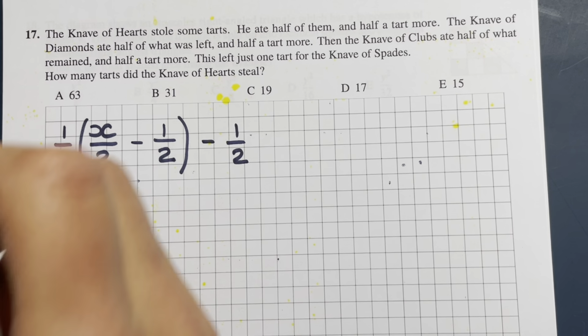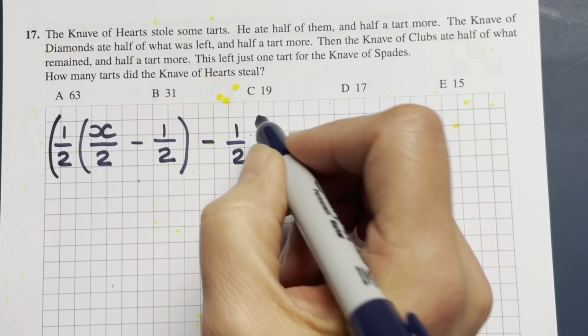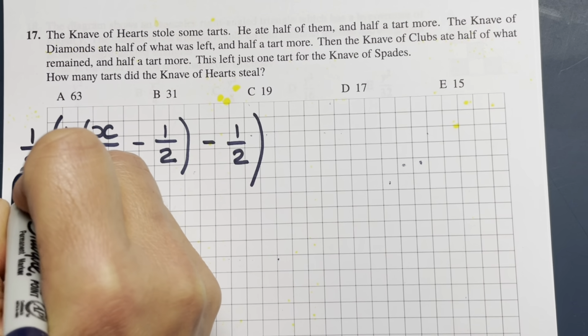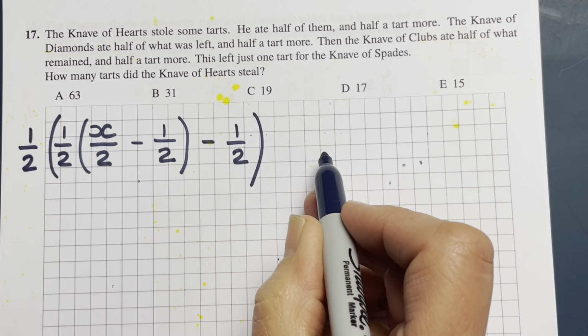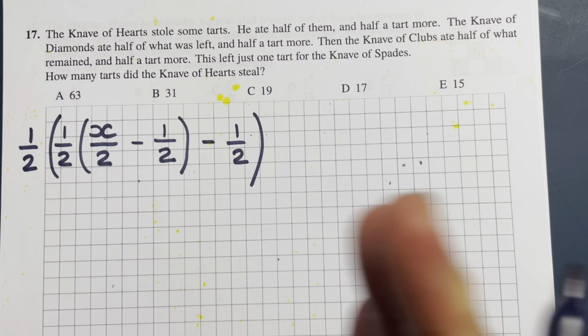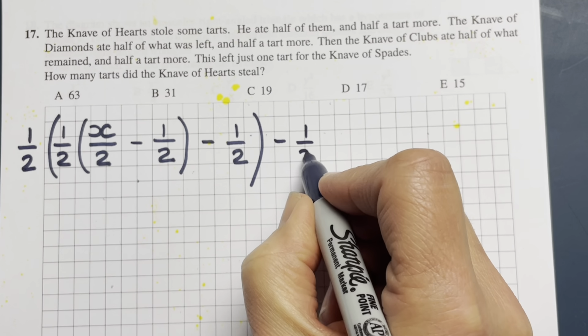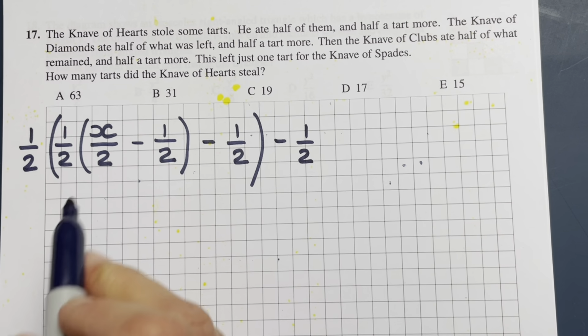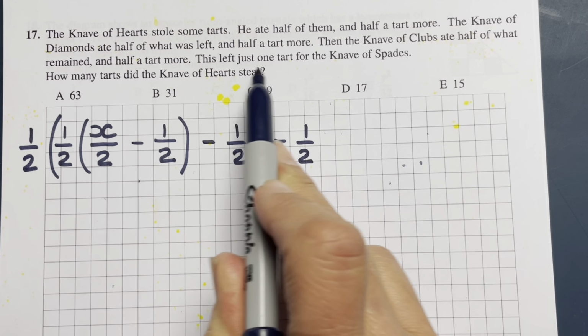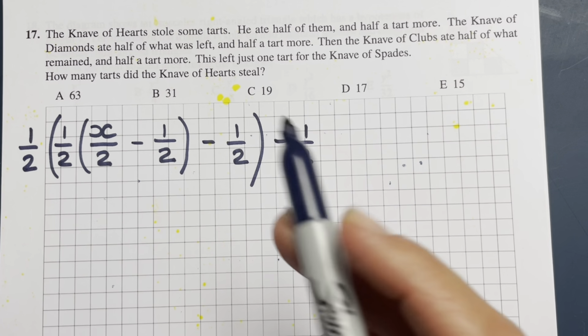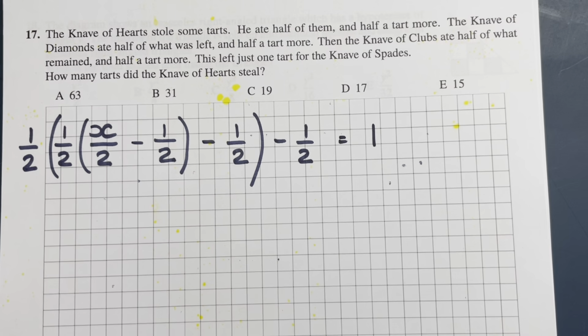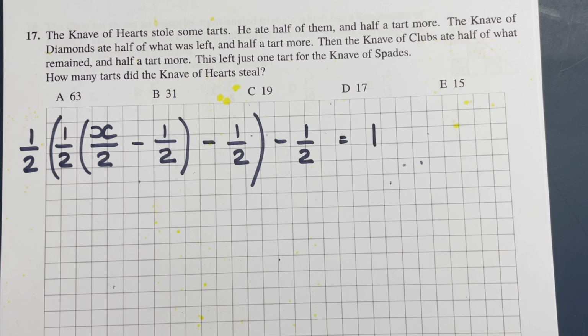He is now going to eat half of all of that plus half of 1 more. So all of that minus this is going to give us half of this subtract 1/2. Okay, and all of that together is what's left for the knave of spades, which is 1 tart. So all of that equals 1.